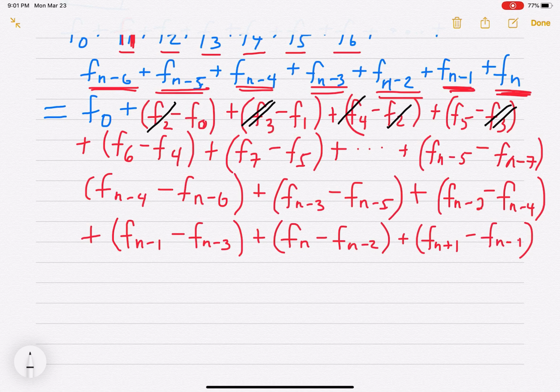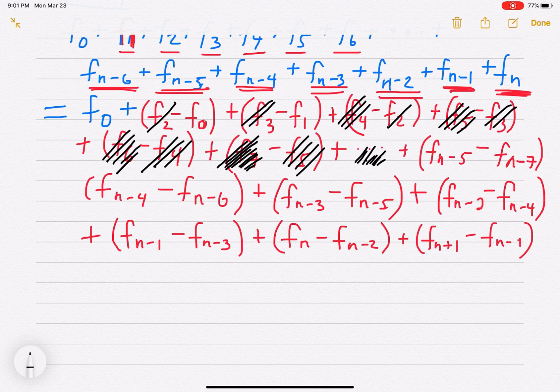And then f of 4 positive, we're going to cancel with minus f of 4. Then f of 5 positive, we're going to cancel with minus f of 5. Then f of 6 positive, we're going to cancel with a minus f of 6, which you can't see, but it's somewhere in the dot, dot, dot. The same thing goes for f of 7. You're going to cancel that with a negative f of 7. Okay.